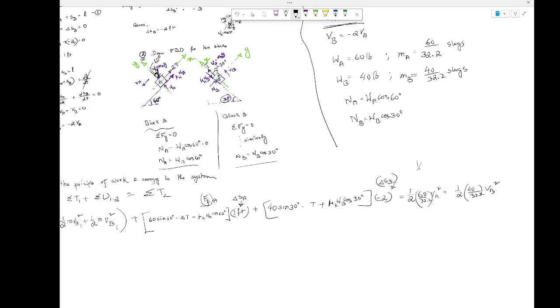Because for the mass m, let me write it again, half of m_A v_A square, that is this term, and half of m_B v_B square, this is this term, okay? And now you'll be solving for the velocity. Now you know v_A and v_B are related.